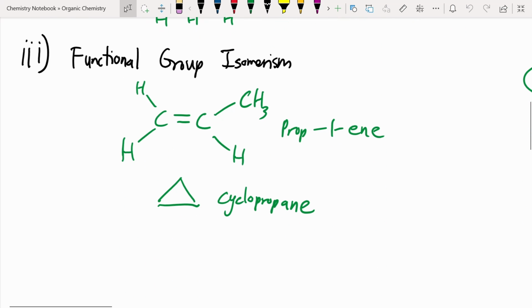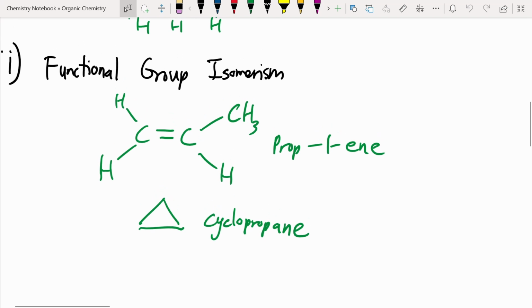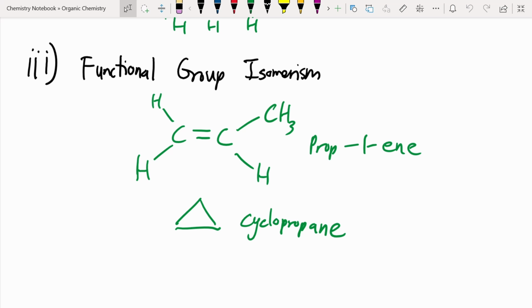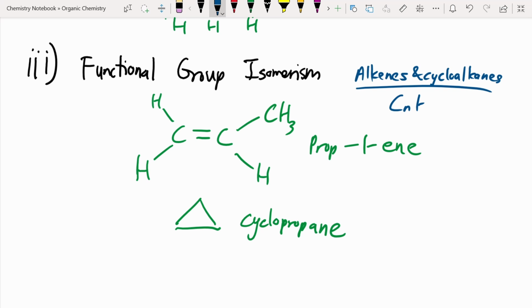And then functional isomerism is basically, if we remember that for some organic compounds, they have the same general formula. For instance, cyclopropane and propene. Alkenes and cycloalkanes have the general formula CnH2n.